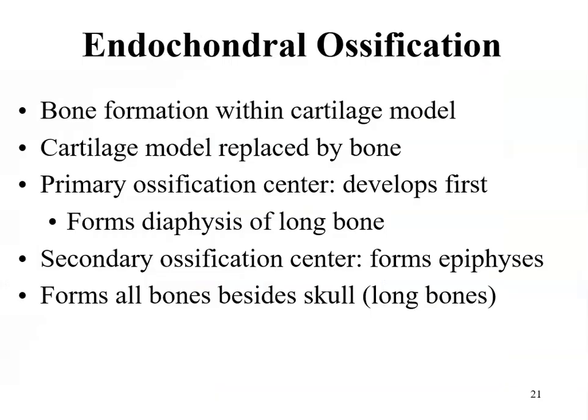And endochondral ossification. Endo for within, chondra, like a chondroblast, chondrocyte, indicates cartilage. So within a cartilage model.